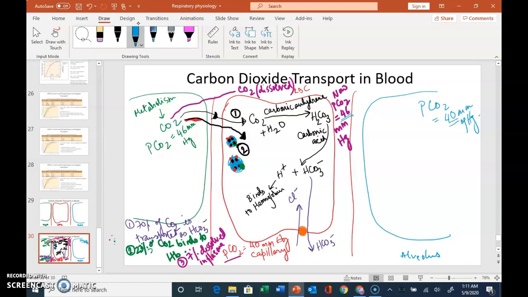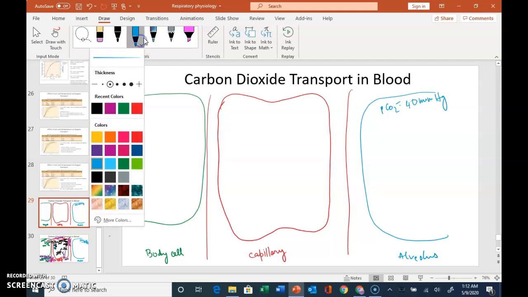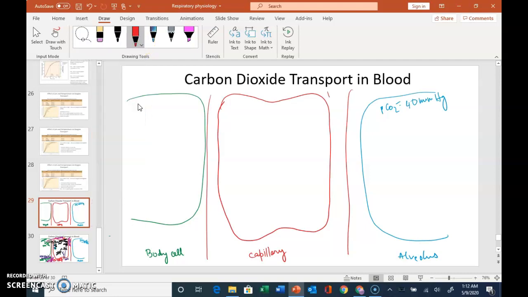So first, actually let me use the other PowerPoint here. So we have PCO2 at 40 millimeter of mercury, and then here we have PCO2 at 46 millimeter of mercury.